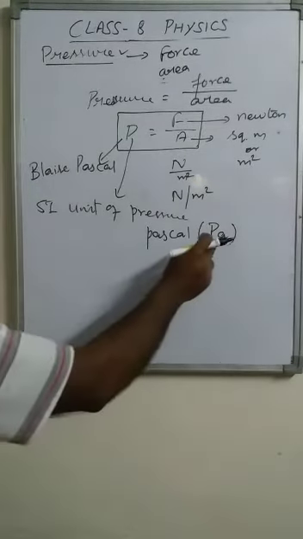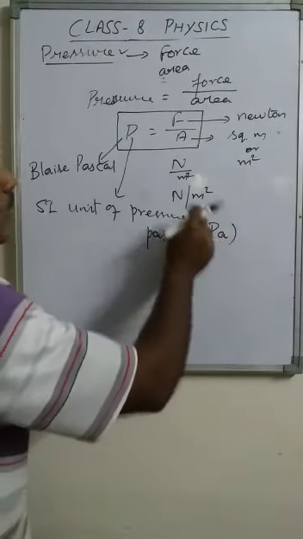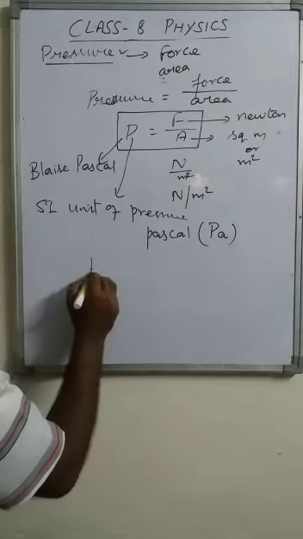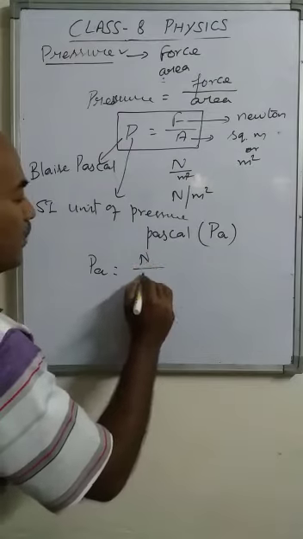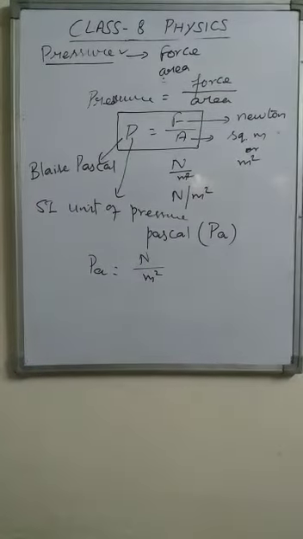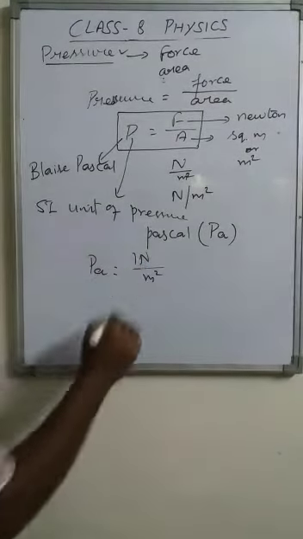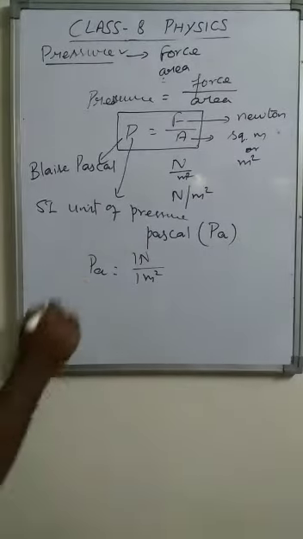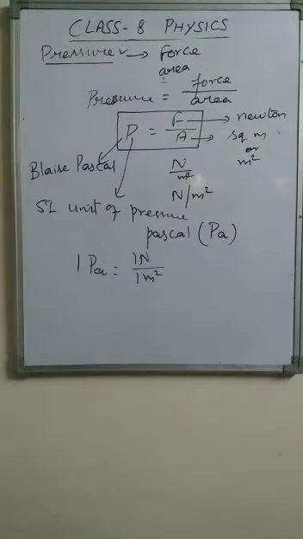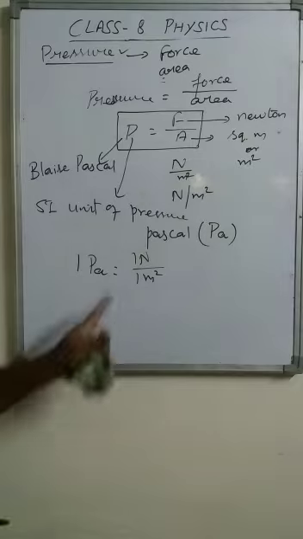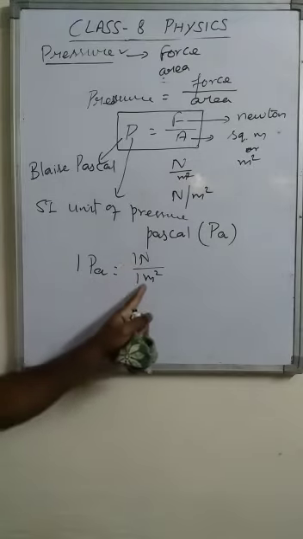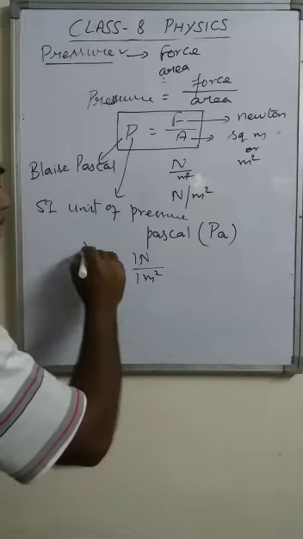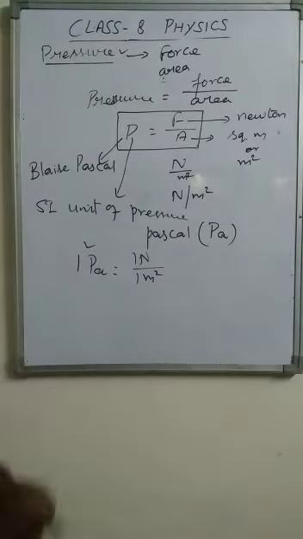So we can write that Pascal is equal to Newton per meter square. If we have 1 Newton force on 1 meter square, then the pressure is 1 Pascal. Means whenever we apply 1 Newton force on 1 meter square area, then the pressure applied is said to be 1 Pascal.